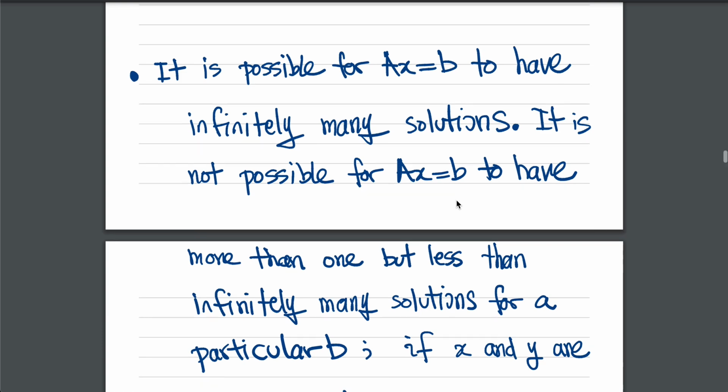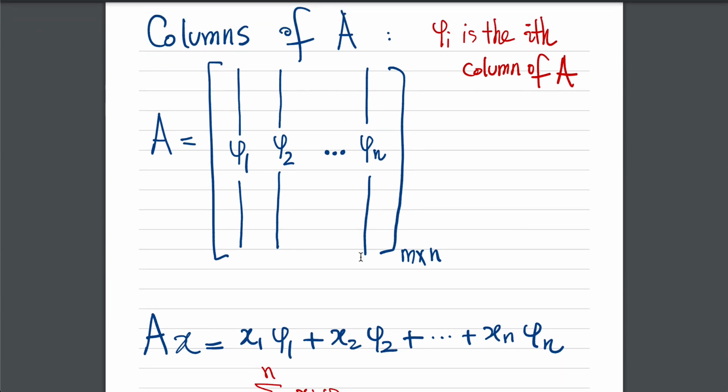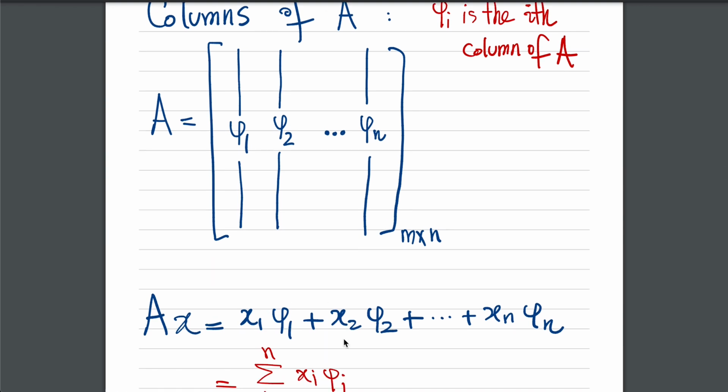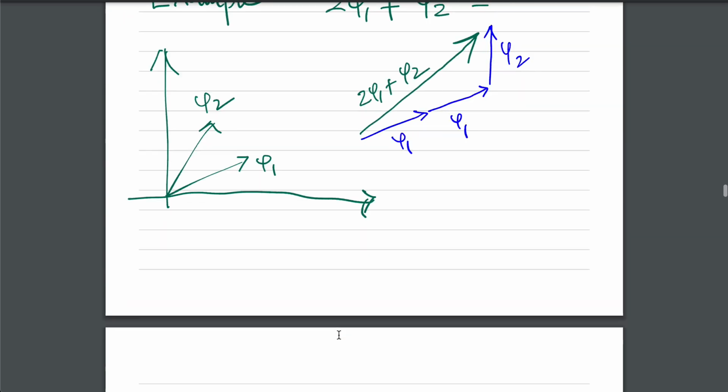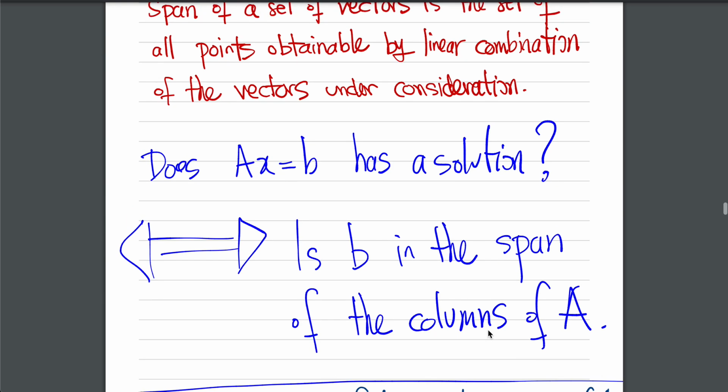In other words, AX equal B has a solution as long as a linear combination of these columns can be found such that it's equal to B, or in other words, B is in the span of the columns of A. Now, the span of the columns of A has another name too, which is the column space of A, or the range of A. In other words, what are the points we can get by having AX?